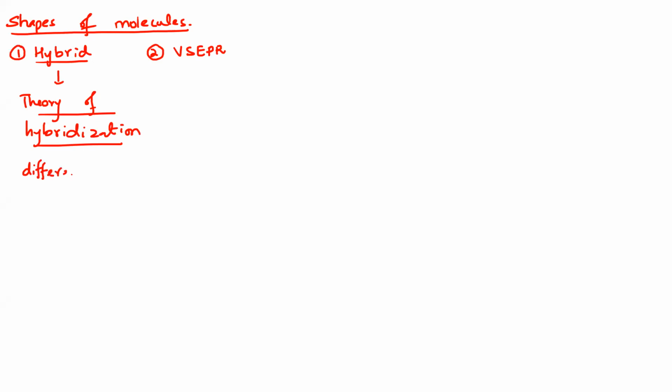We know these may be s orbitals, p orbitals, or d orbitals, and when they have to form a bond, these different orbitals mix to form the same or identical orbitals.